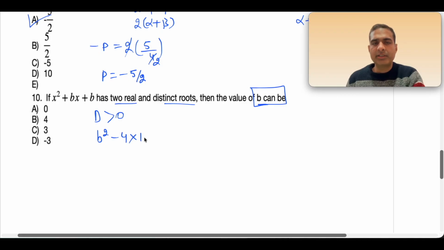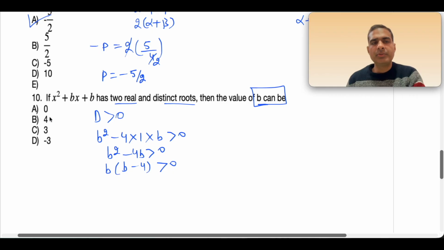Coefficient of x square, that is 1. What is c? c is the constant term, that is b. So b square minus 4b should be greater than 0. I can take b common, so b into b minus 4 should be greater than 0. So product of two terms is greater than 0. So either both should be positive or both should be negative.